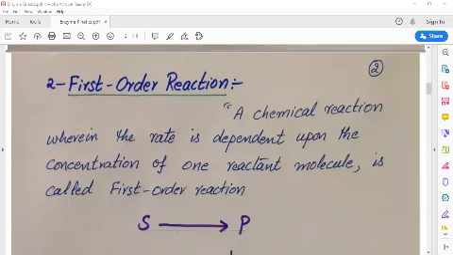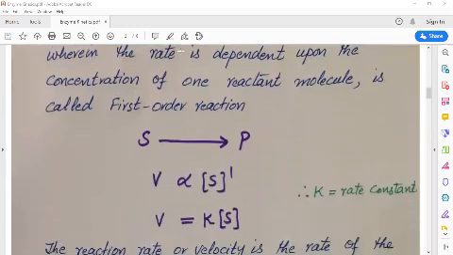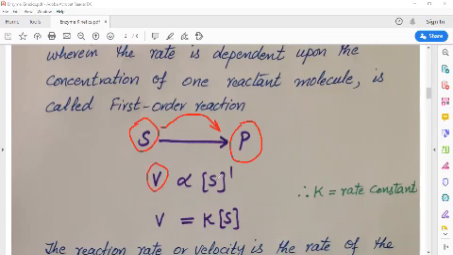In the general reaction, this is the reactant molecule that is converted into the product. In first order reaction, the rate is directly proportional to the substrate concentration of one reactant molecule. V is equal to K into substrate concentration. K is the rate constant.